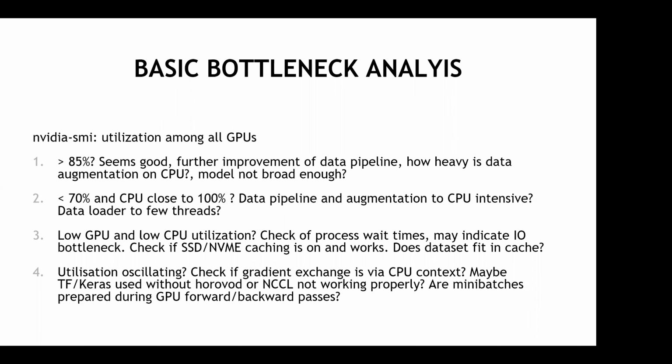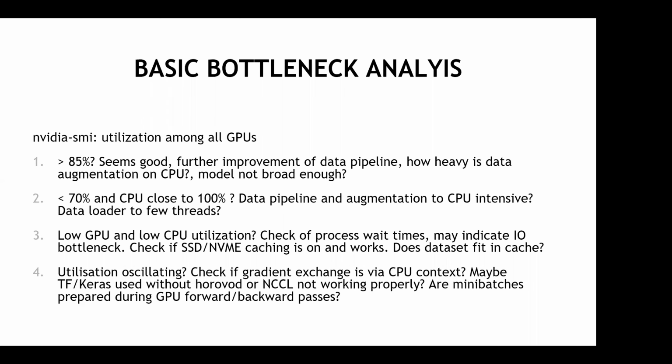So those are a few topics on scaling. Let's look at the system and say it's good, it's not good, it needs improvement. How do you observe a system while it is training? I think most of you know the command nvidia-smi, which is up here, which shows GPU utilization.